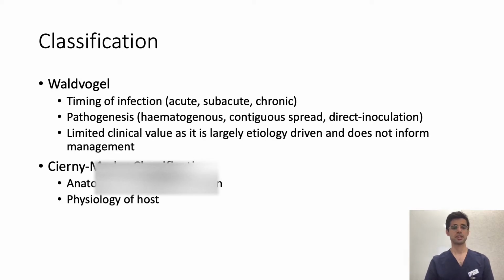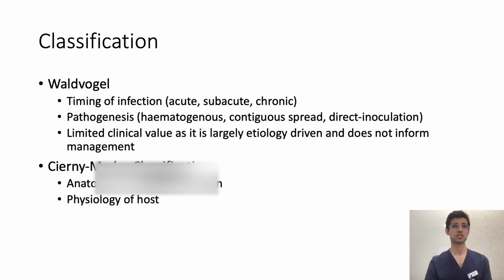The way we think about osteomyelitis has been broken up by a couple of different classification systems. One of the older ones, the Waldvogel classification system, used to look at the timing of the infection, breaking it down into acute, subacute, and chronic.